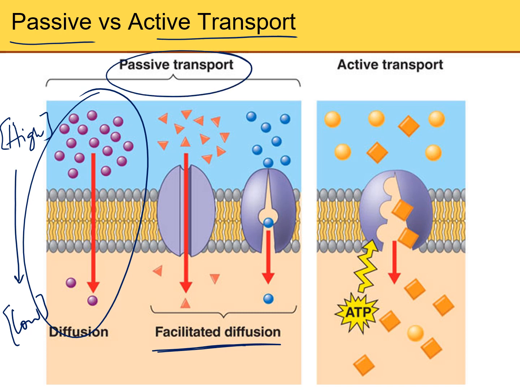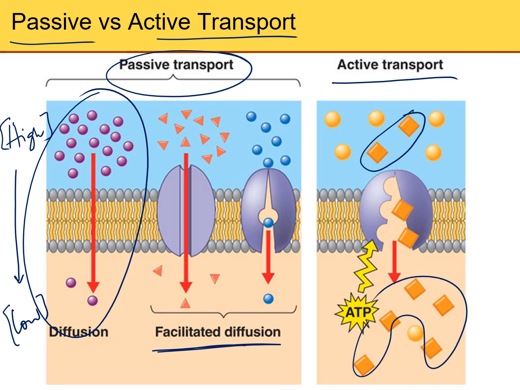In active transport, we said again, we're going from low to high. So you have 2 here, and you have 5, for example. It's going from low to high, against a concentration gradient, and this is driven by ATP hydrolysis.